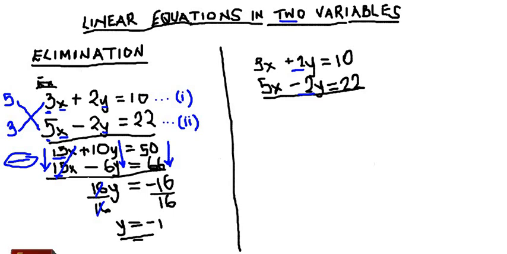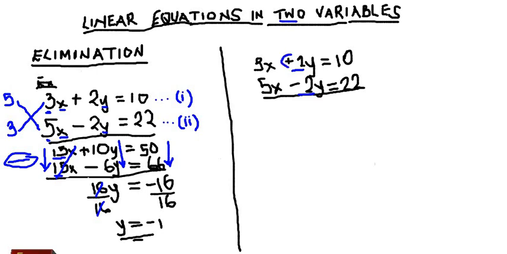So we proceed to decide whether we should add or subtract the two equations. Remember, if the coefficients have the same sign, then we subtract the two equations. But if the coefficients have different signs, then we add the two equations.